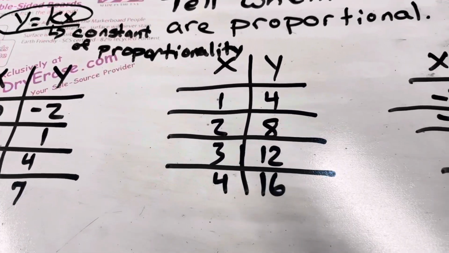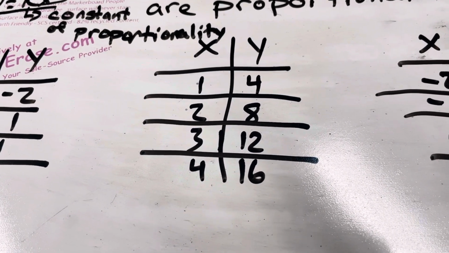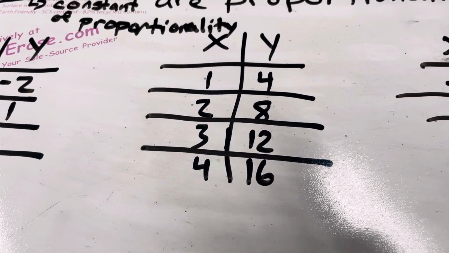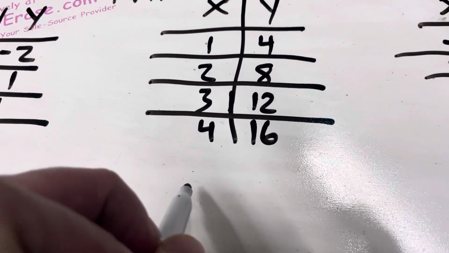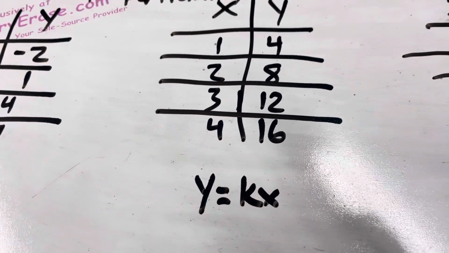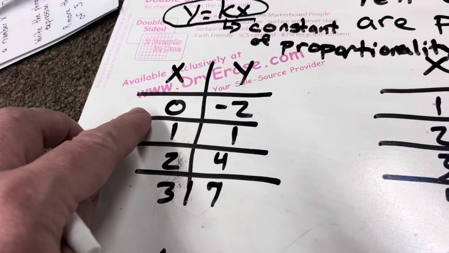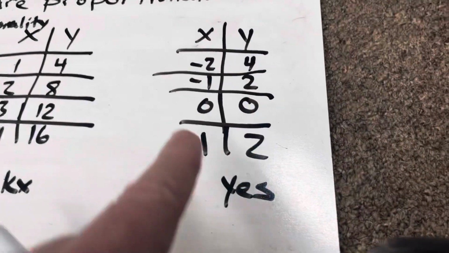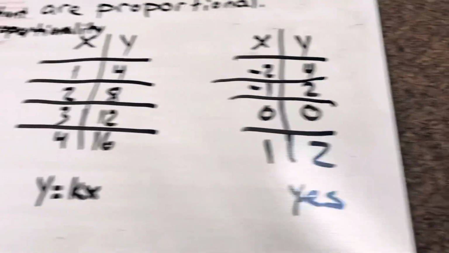This one is not as easy to understand because you might say, well, 0, 0 is not there, so it's a no. But remember what we're looking for: this idea of y equals kx. You just didn't need to do that in these other examples because 0 was an x and you saw it's a no because it's -2, or they had the ordered pair 0, 0, and that just gave it away.